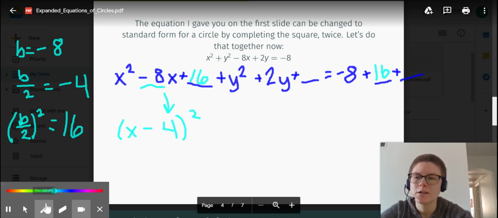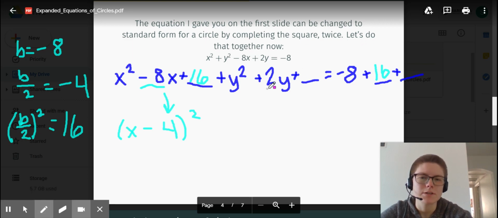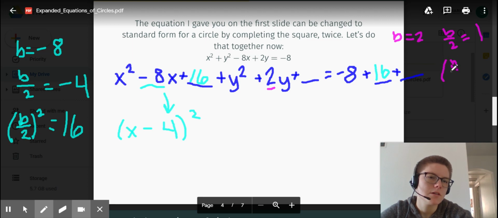We got one more practice with the second one. So here we've got our b is 2. And then b over 2 is equal to 1. And b over 2 squared, 1 squared is still 1.